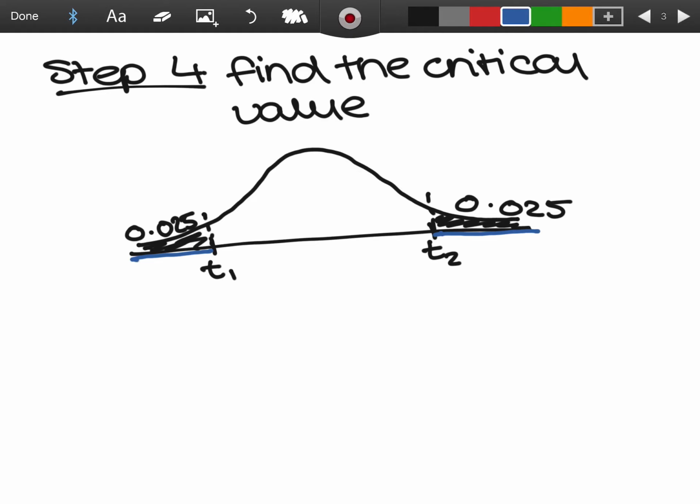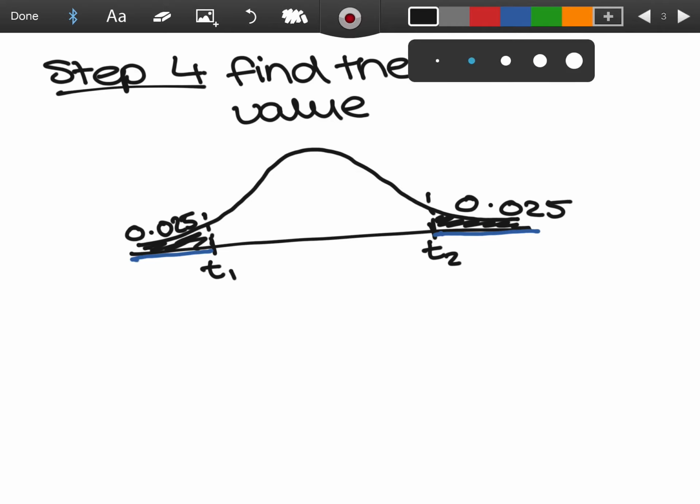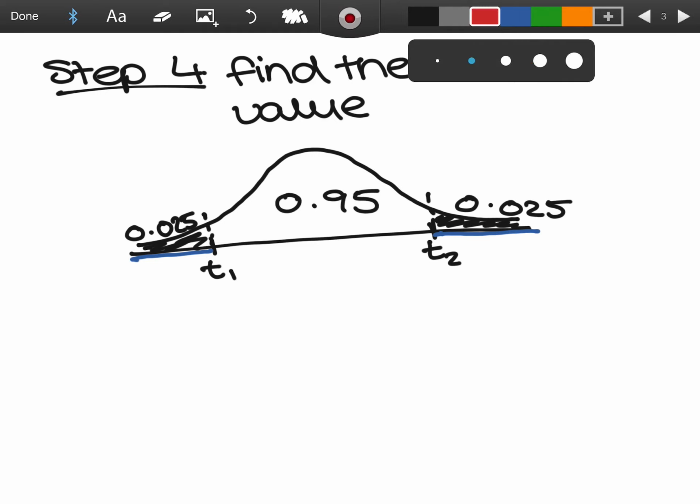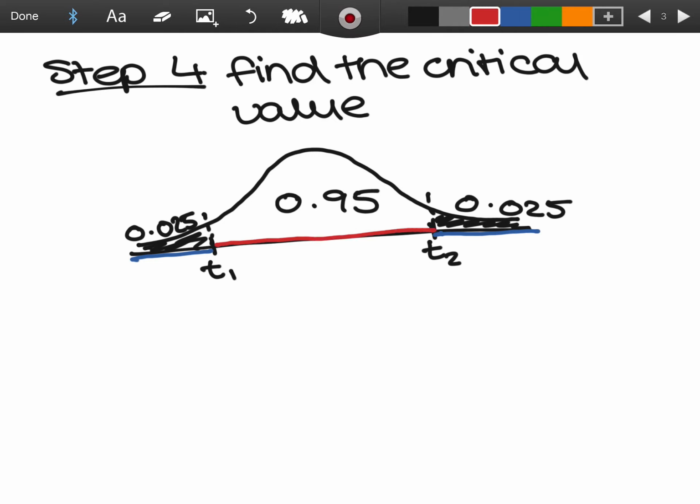It's going to fall within that 5% of the time that we want to reject our null hypothesis. So if we've got 5% between the two of those areas, we know that we're going to have 95% in the middle. And if our test statistic was to fall in this range, we would fail to reject our null hypothesis. We're going to accept it for what it is, and we're going to say that the mean is still 35. So we've got to find t1 and t2.